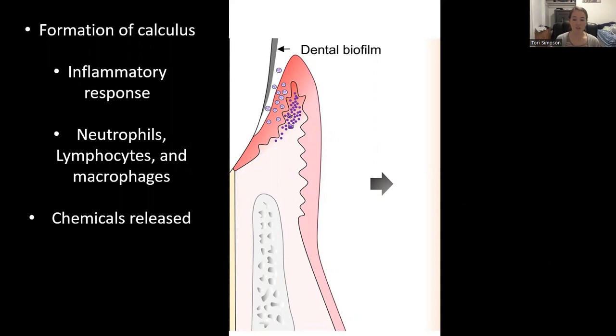Once this occurs, the gingival cells trigger an immune response, where neutrophils, lymphocytes, and macrophages are sent to the area. The immune cells release chemicals that kill bacteria, but also damage the surrounding tissue cells, causing inflammation. The condition is considered gingivitis.